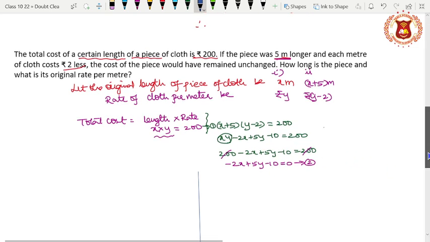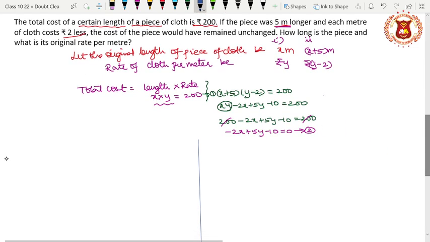Observe very carefully here. Now xy is 200. I can take variable as y here. This xy, I'll substitute y in this second equation, right? Now y is equal to 200 by x.